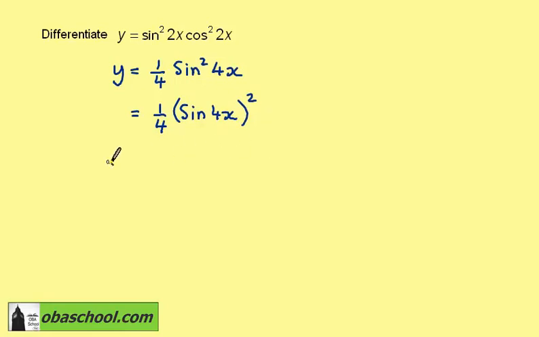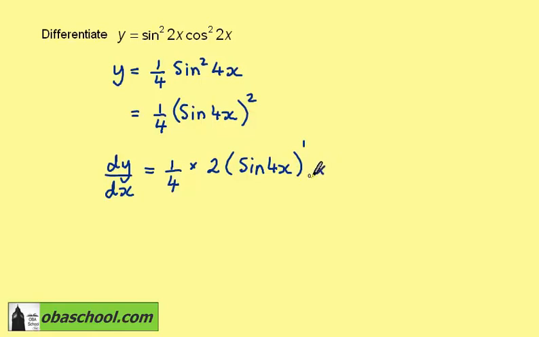We need to use the chain rule, so dy/dx is going to be, the quarter is just a constant, the outside function is the squared, so it's 2 times the contents of the bracket to the power 1.